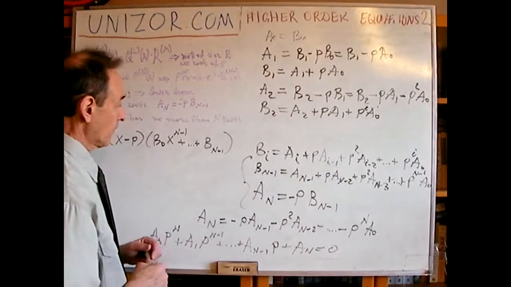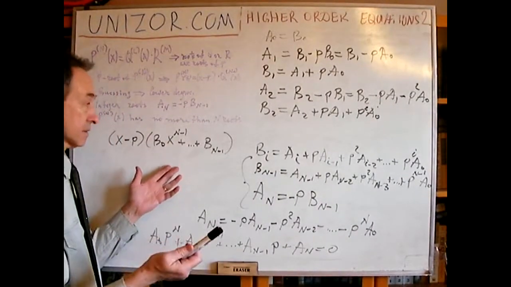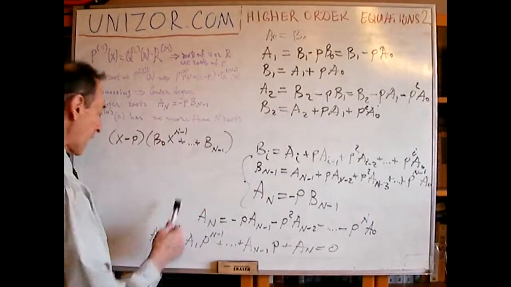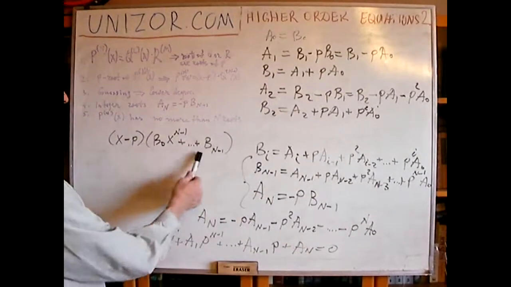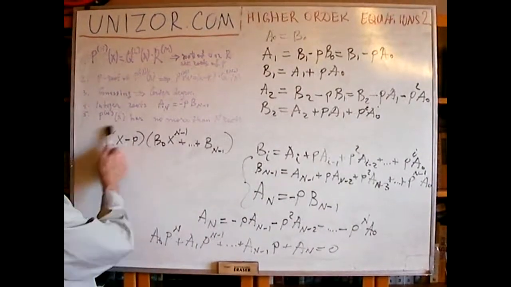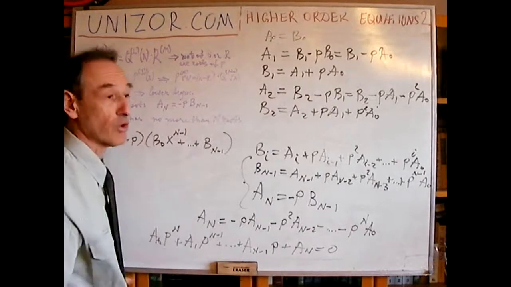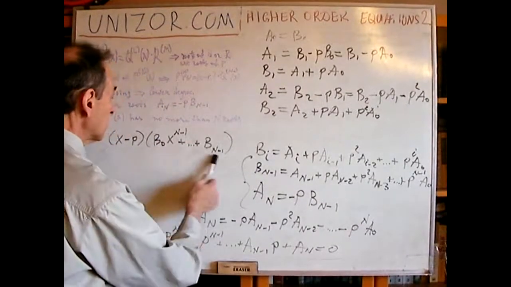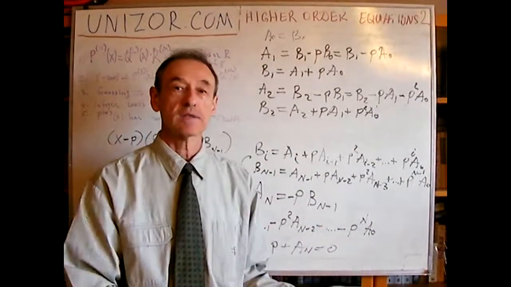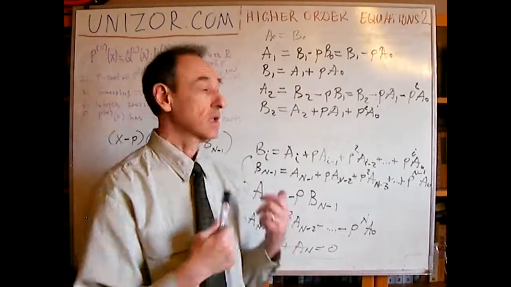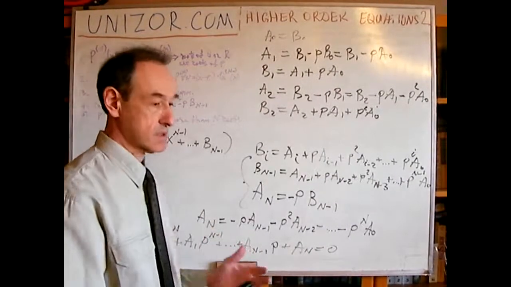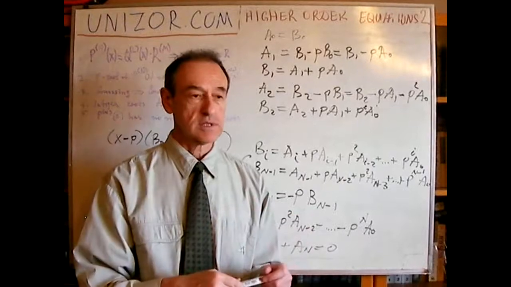Now, what's good about this? Well, as I was saying, if you represent the polynomial as a product of two other polynomials of a lower degree, obviously this polynomial has a root x equals p, which we already know, and this polynomial is of degree n minus 1, which is easier to solve than the polynomial of the nth degree. So this is basically the conclusion of these logical steps.